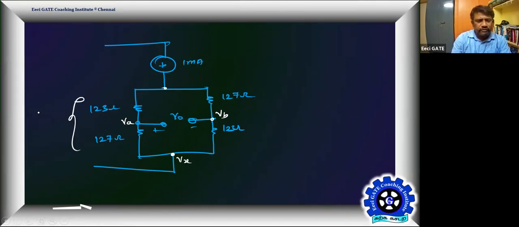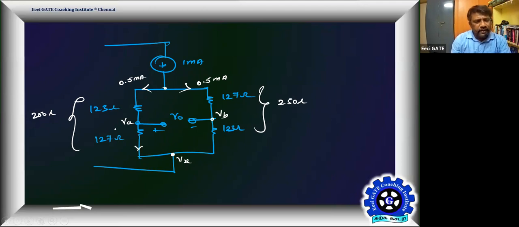It is 250, and this is also 250. These two are identical resistors, therefore current will be equally divided as 0.5 milliamps and 0.5 milliamps. Then what is the current going through this 127? That will make a drop. So this drop plus Vx will make VA.